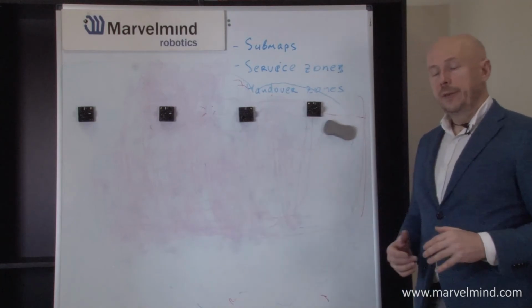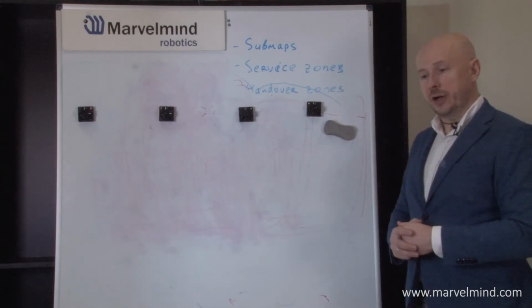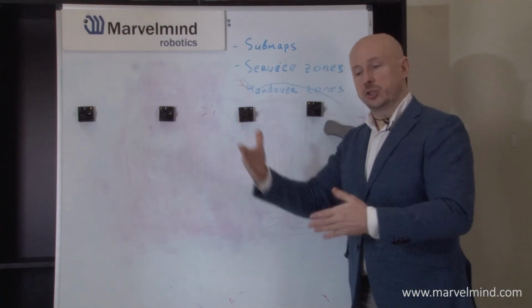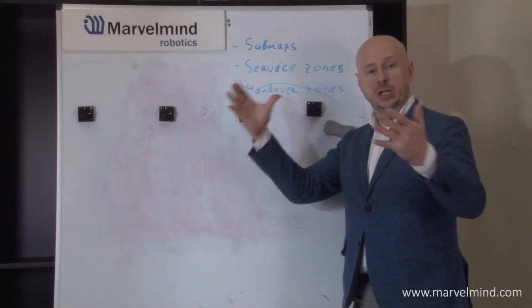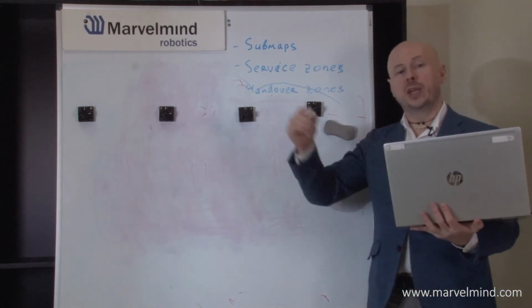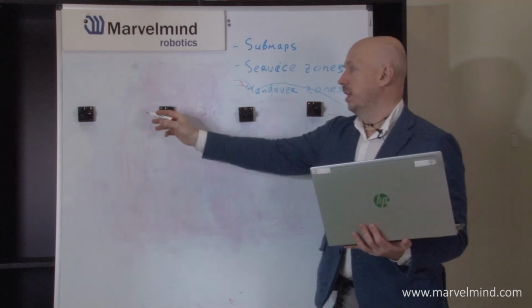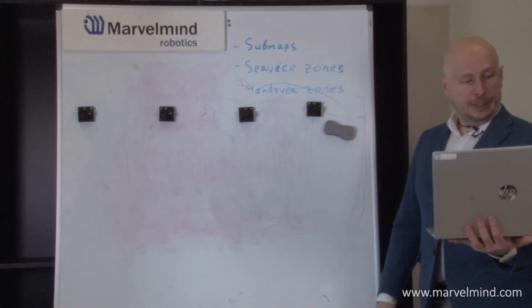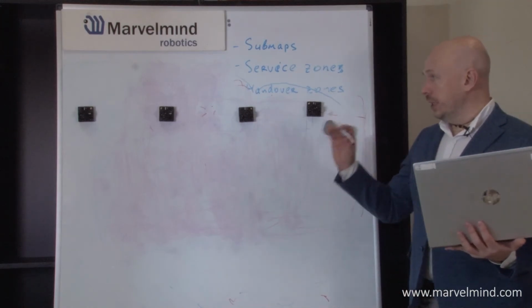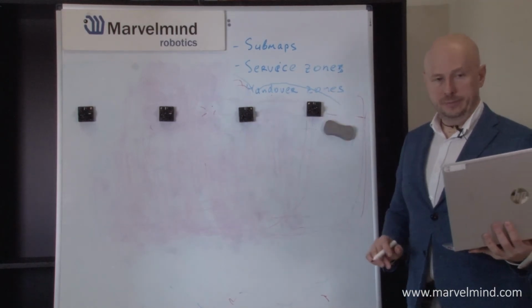So you lose some location update rate, but you enable another dimension. Thus, you can build a very, very large map, because you can build many, many submaps, and you are no longer limited by the number of frequencies.